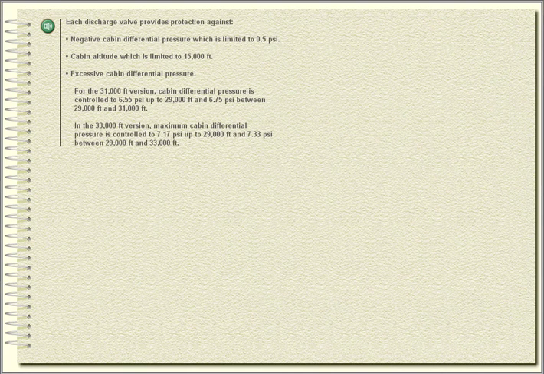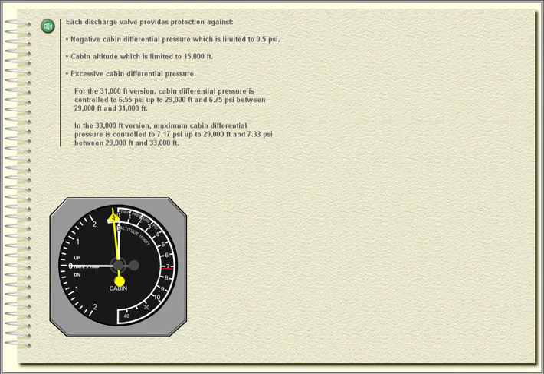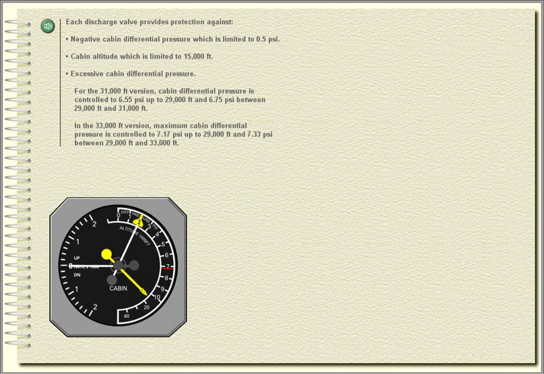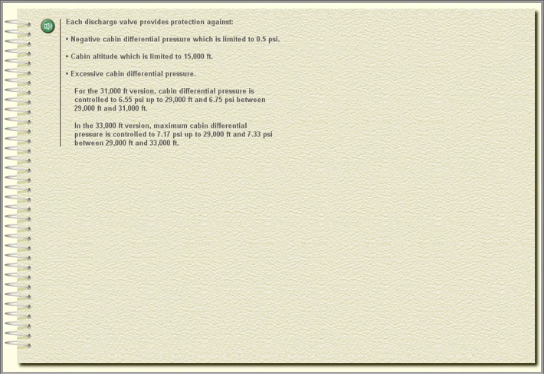Each discharge valve provides protection against negative cabin differential pressure, which is limited to 0.5 psi. Cabin altitude, which is limited to 15,000 feet. Excessive cabin differential pressure.